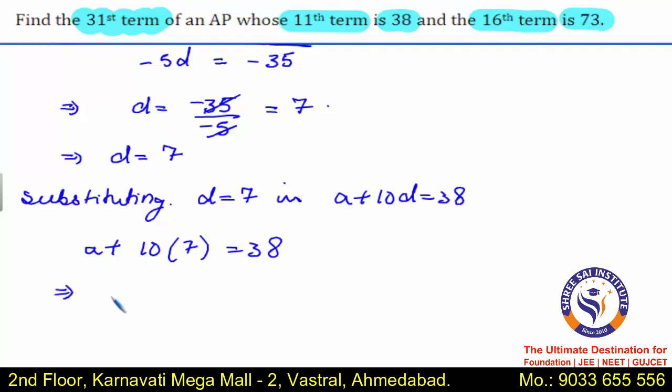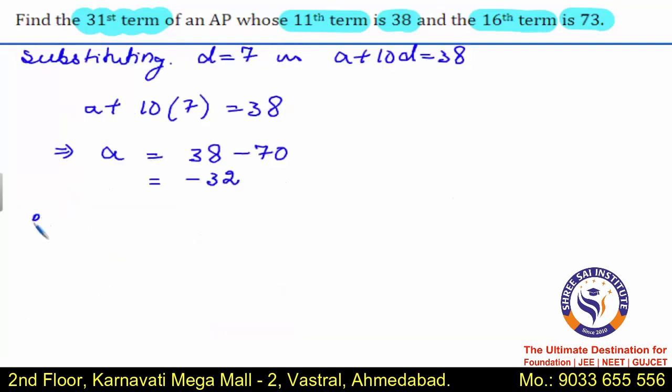This further implies A is equal to 38 minus 70, and this is equal to minus 32. Therefore, we have A is equal to minus 32 and D is equal to 7.